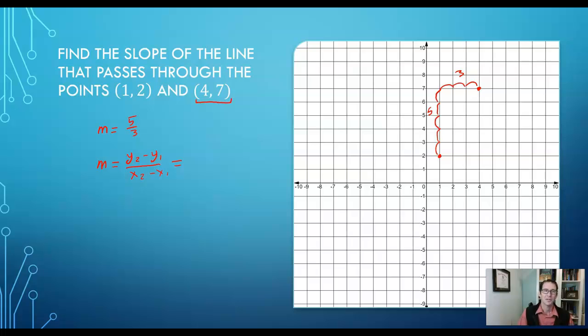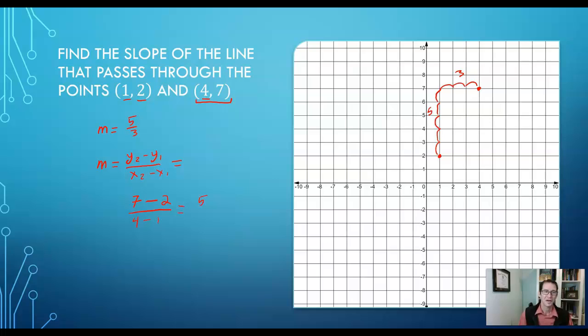I'm going to call this 7 my y2, so that's a 7 minus a 2. And then here's my x2, which is a 4, minus my x1, which is a 1.